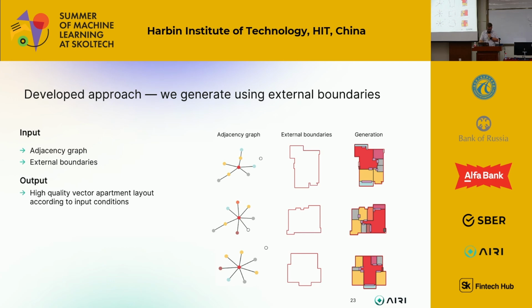We implemented a model and trained it on several data sets, including pre-trained ones and proprietary data, that can be used to generate different apartment layouts using external boundaries. We can generate the adjacency graph from the textual description and then generate a high quality vector layout for the flat. Now we try to move from this representation to the more general floor plan, not only the apartment plan, but the floor plan in general.